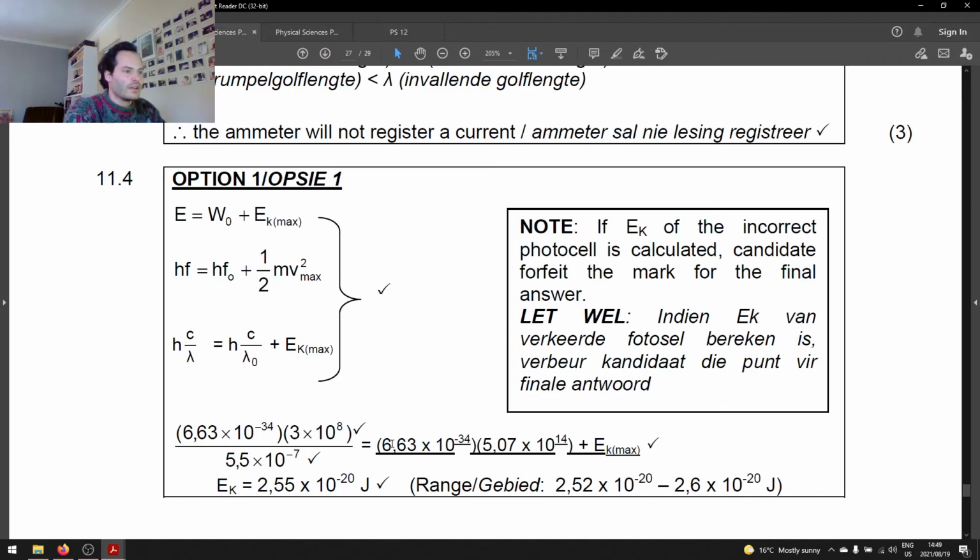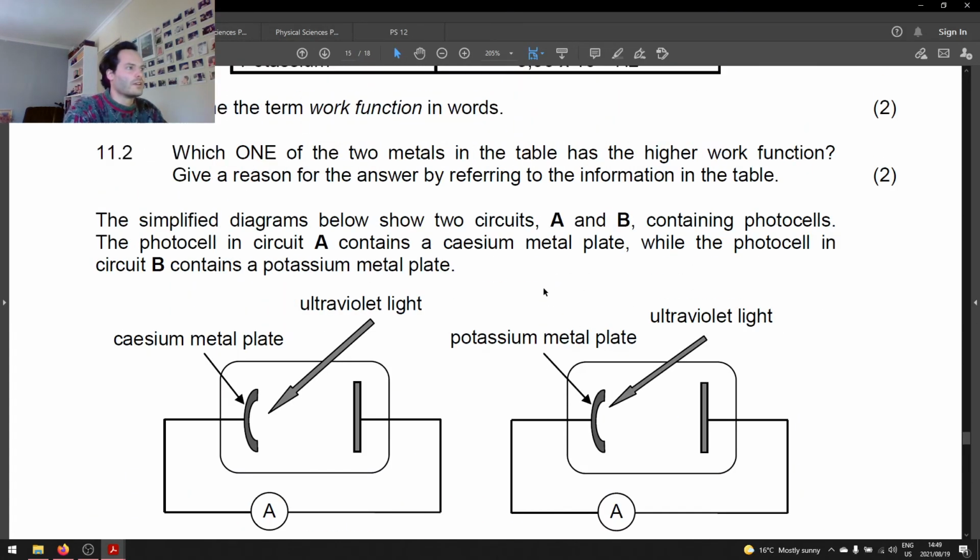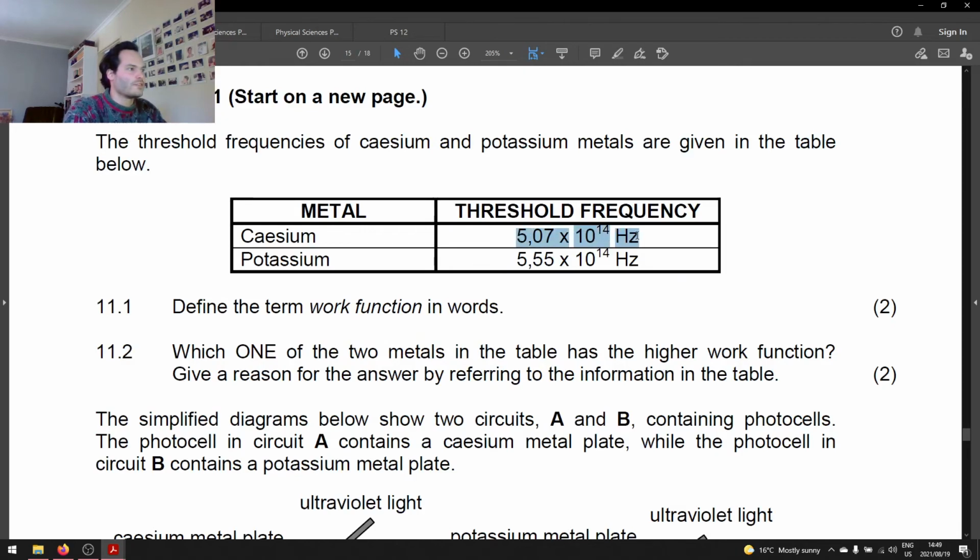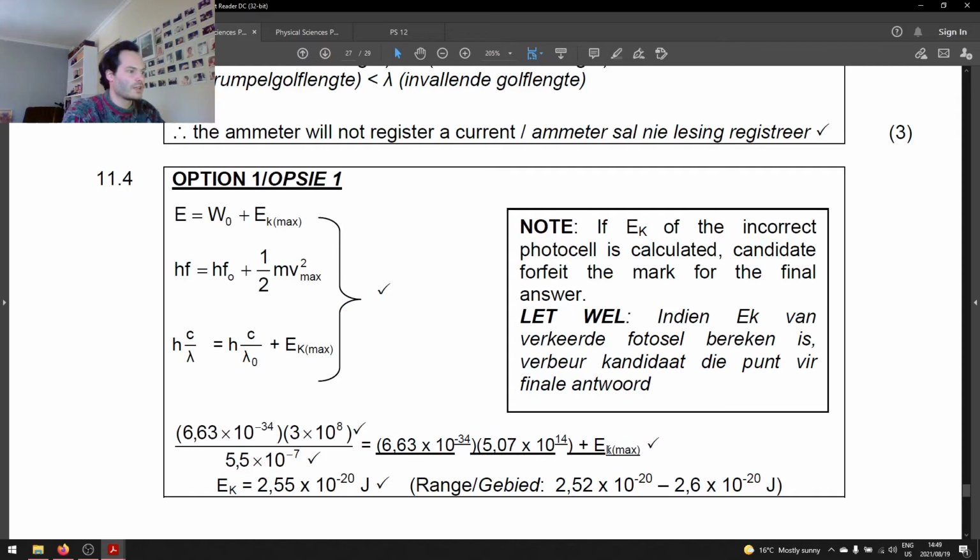So we can see I've just put Planck's constant in here again, multiplied with the threshold frequency, which, as I've mentioned, was given to you in the table for cesium, 5,07 times 10 to the power of 14. I substitute that in.